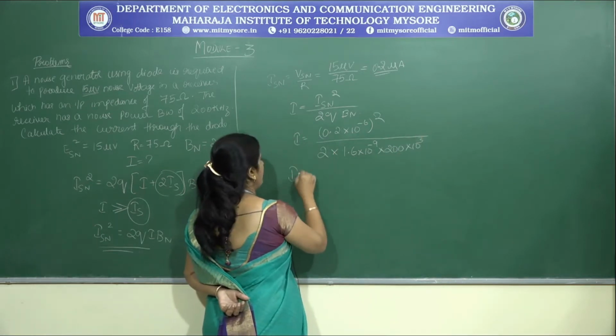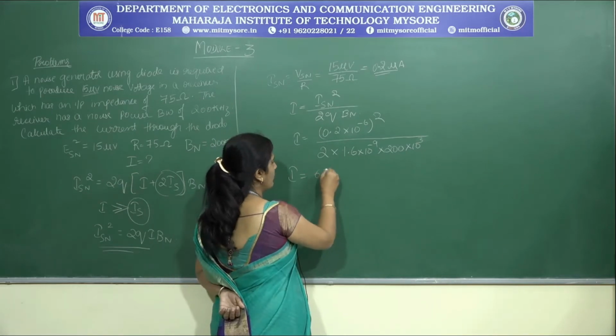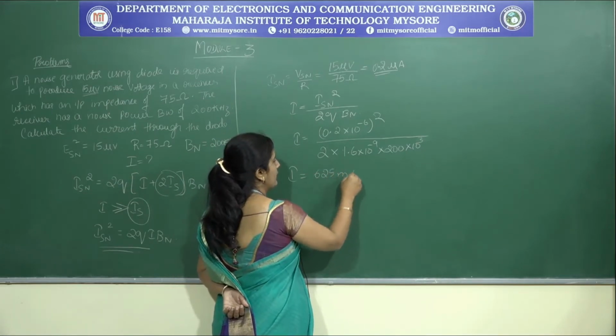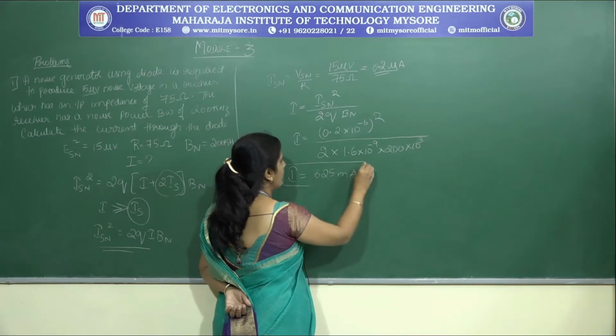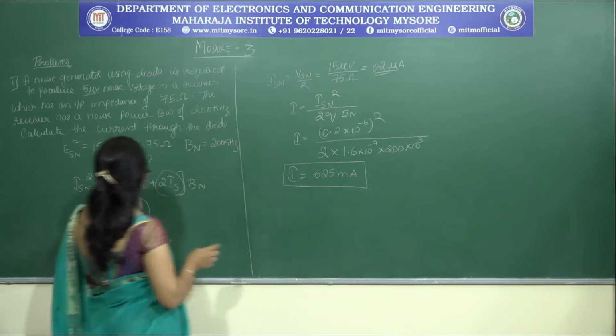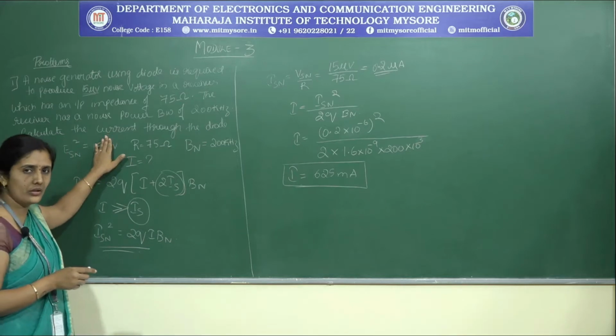Now solving this equation, we are going to get 625 milliampere. So this is the current which flows through the diode.